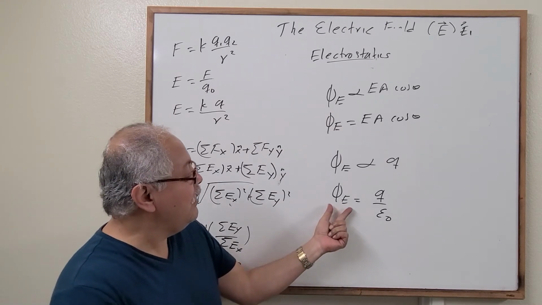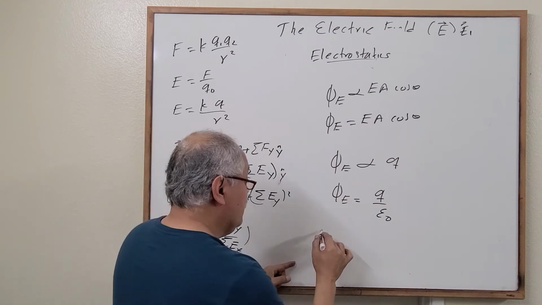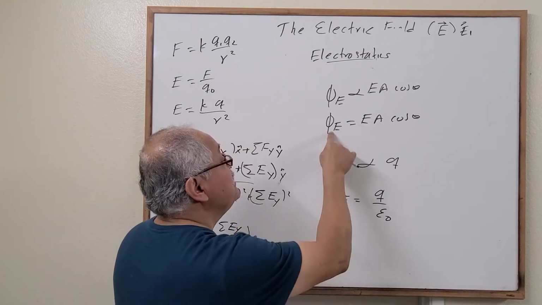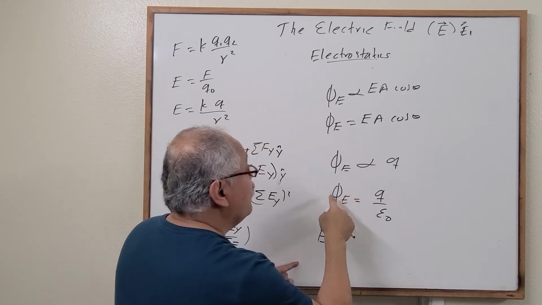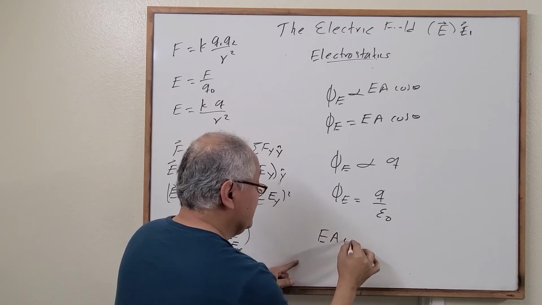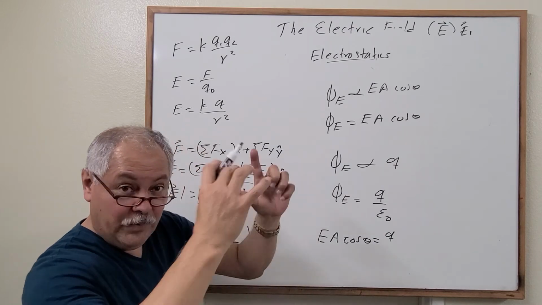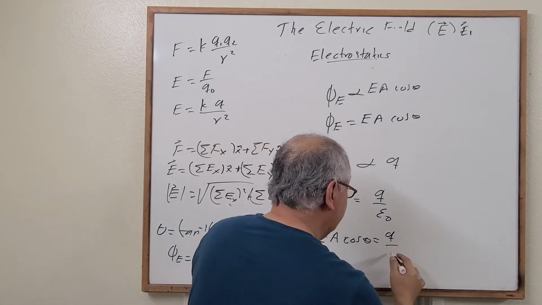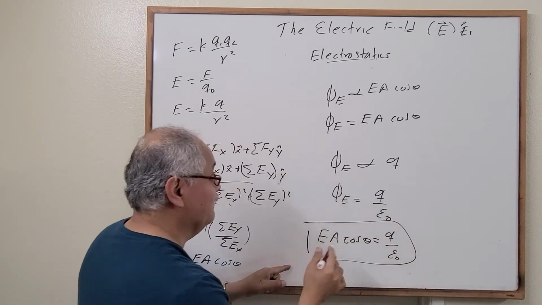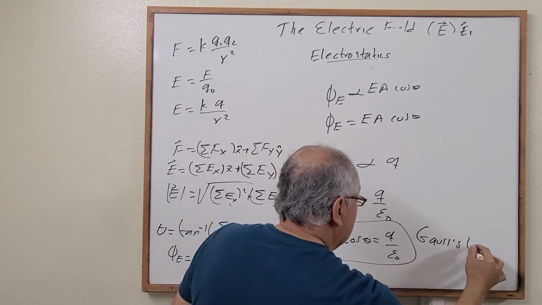But what is, one more time, the electric flux? The electric flux is this one. So when we combine these two, what do we have? We have that the electric field times the area times cosine theta is equal to the total charge enclosed by the surface divided by epsilon naught. And this is Gauss's law, right? Gauss's law.